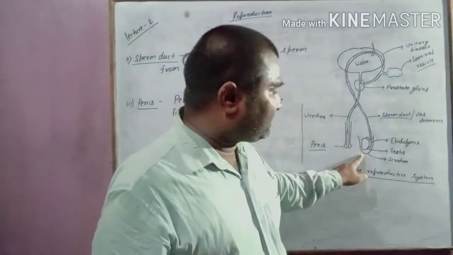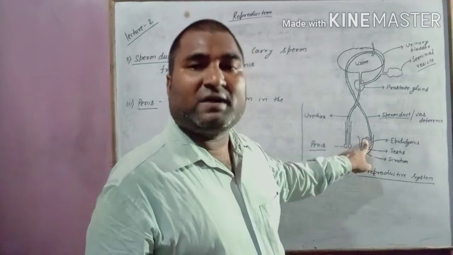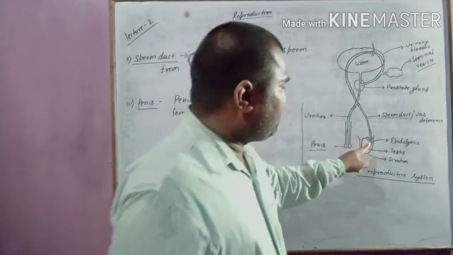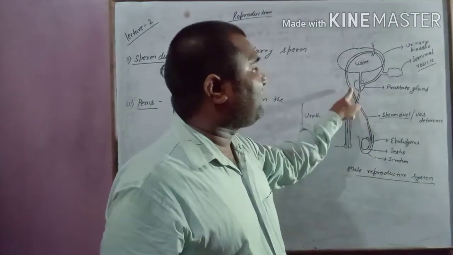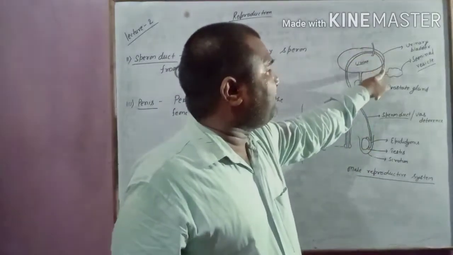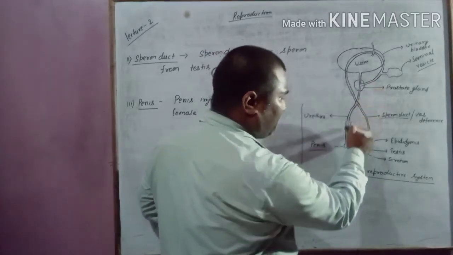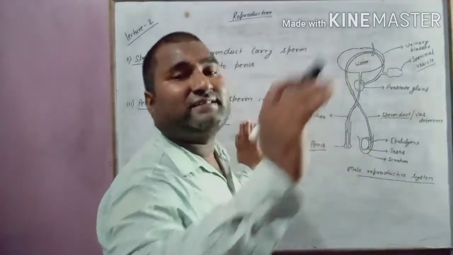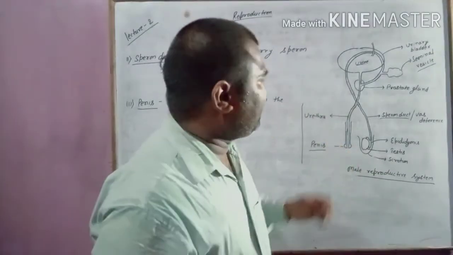The testis is present in the scrotum, and it produces sperm and testosterone. Sperm produced by the testis travel through the sperm duct and reach the urethra, and this urethra is the common duct that ejects the sperm into the female's body.